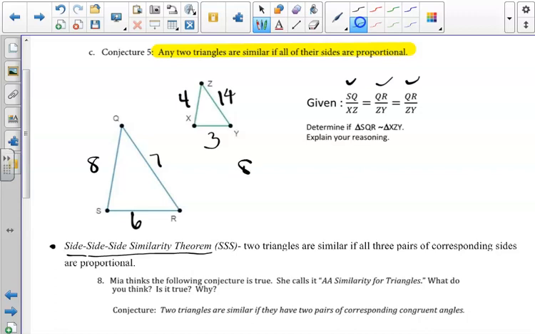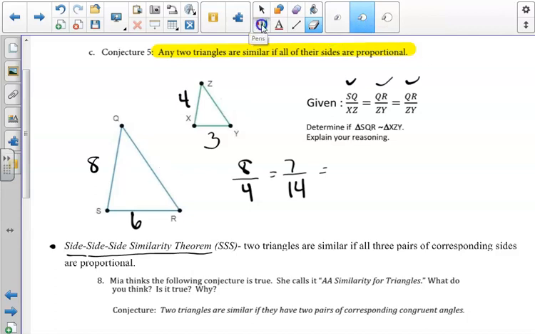So SQ is 8, XZ is 4. That needs to equal QR 7 over ZY 14. I'm sorry, I need to flip these two. That's what happens when you make them up on the spot.